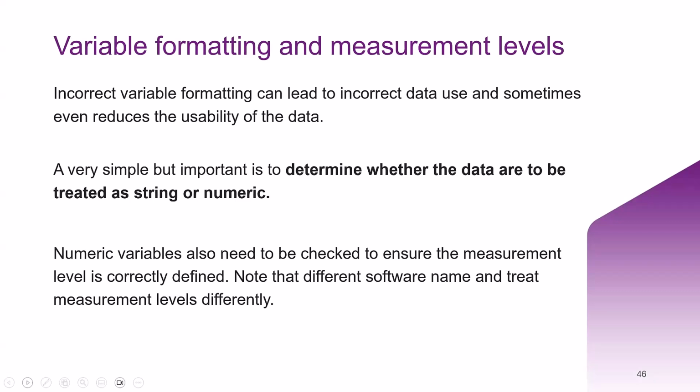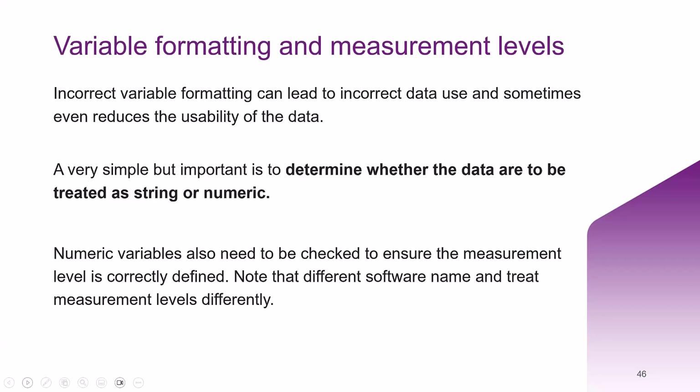Now, this is very quant heavy, but it's something that happens a lot of the time. So I reckon it's best to include variable formatting and measurement levels. So many times, data that's made available in SPSS or Stata does not have the measurement levels set correctly.